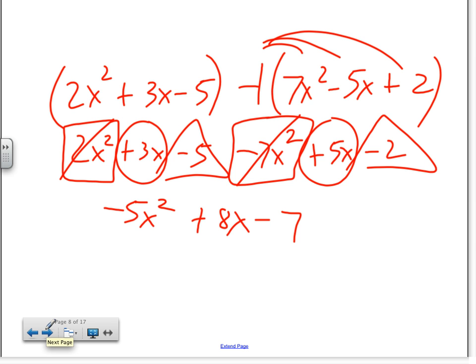Questions on that? So combining is not that bad, right? Okay. One last round before we go back to our previous one. That was pretty quick. I know, right?